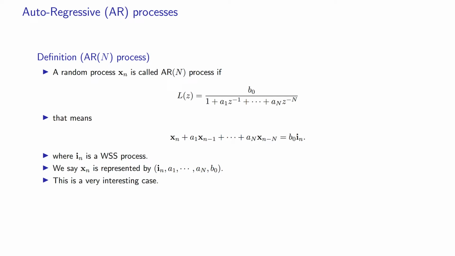And so this is very interesting. For instance, in speech processing in linear prediction coding, the speech signal X of n is given to a linear predictor, and then in this linear predictor for a segment of your speech, these parameters A1 to AN and B naught are calculated. I of n is also calculated.